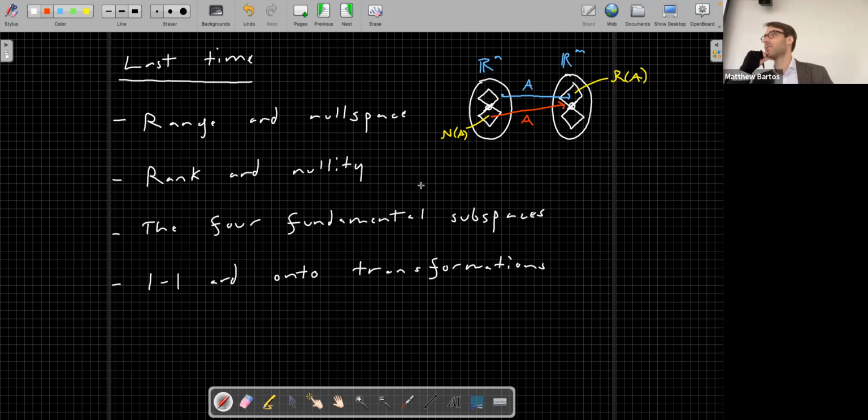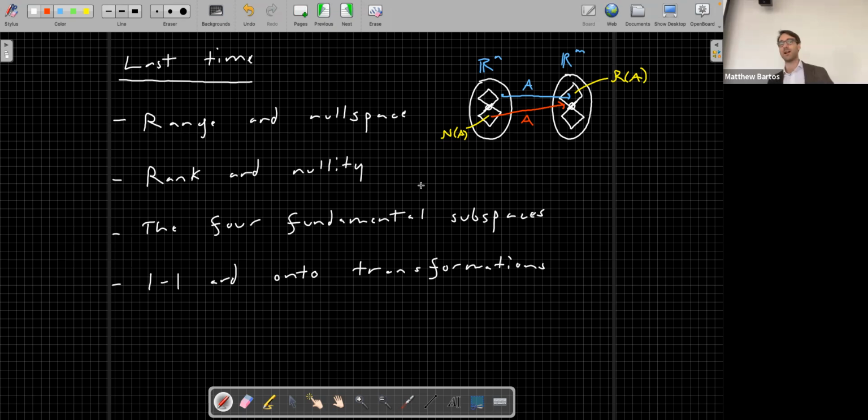The best way to think about the rank is that it's the dimension of the range of A. The nullity is the dimension of the null space of A.